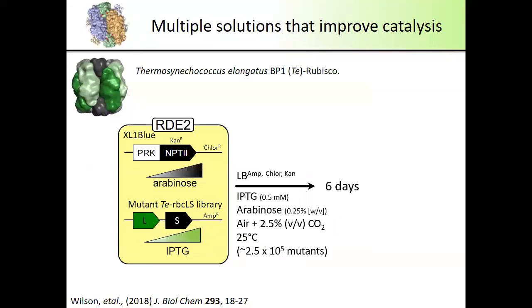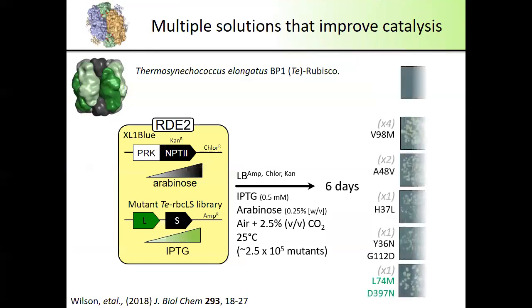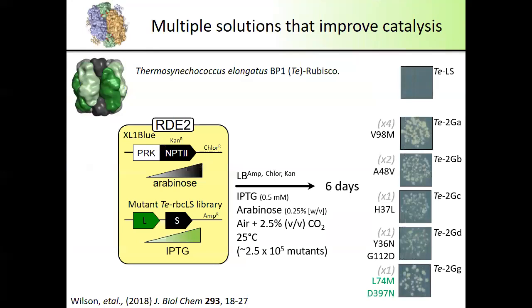We take those 15 colonies and extract back out the large and small subunit plasmid. We retransform it back in to make sure that whatever is conferring the faster growth is actually due to that Rubisco. We sequence it, and what we found from those 15 colonies is a number of mutants. Many of them we got multiple times independently.